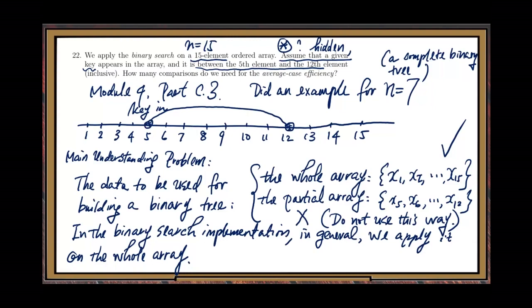So we cannot assume the condition is known, so can we modify our binary search? No, we cannot. We do not want to modify our binary search. We just apply our general binary search on the data in a blind way.